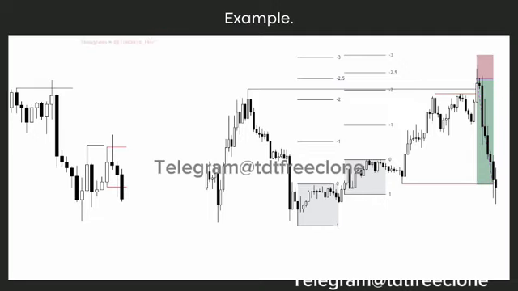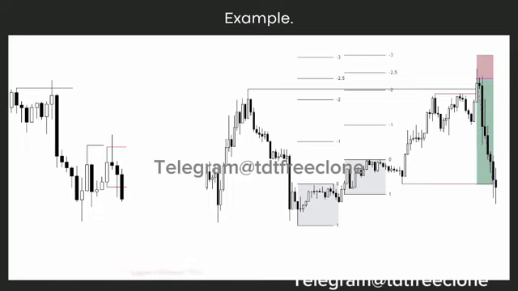On the lower time frame, you can see that first of all we've got the CBDR, or the central bank dealers range, and along with that we've got this Asian range. What I've done here is that I've marked out the standard deviations of both the means.